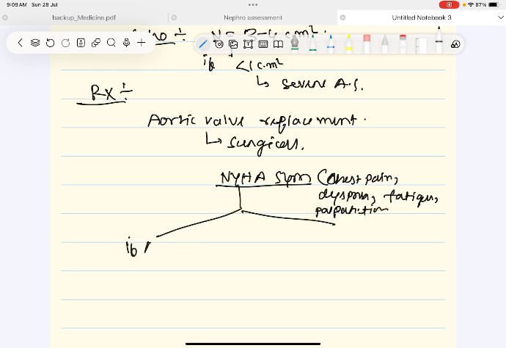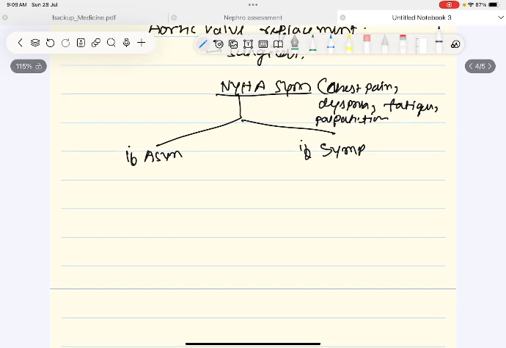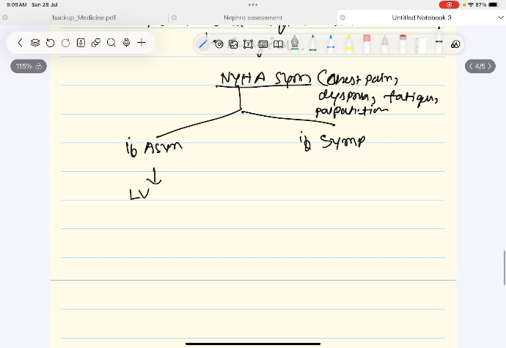If the patient is asymptomatic, we have to do left ventricular function assessment, that is left ventricular ejection fraction.